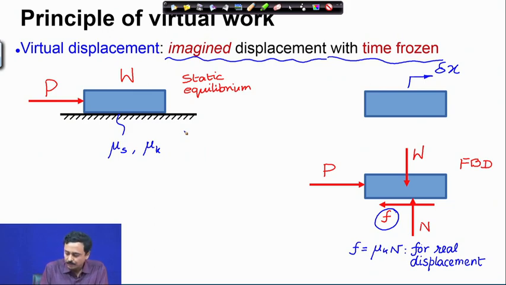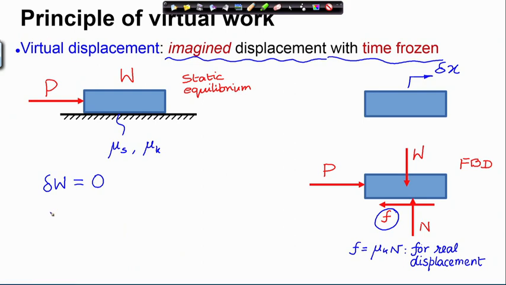Then the principle of virtual work states that the net virtual work done by all active forces must be 0 under virtual displacements. Now, if I have a virtual displacement delta x in the direction I have shown, then the virtual work done by the applied force P is P times delta x.